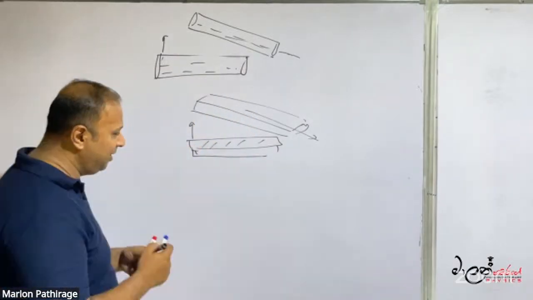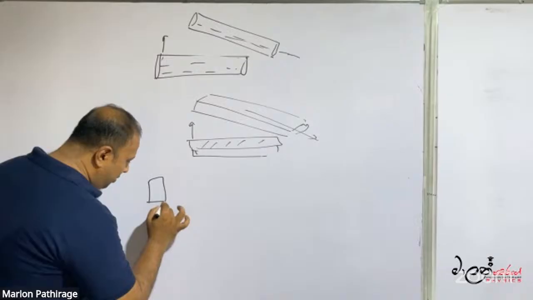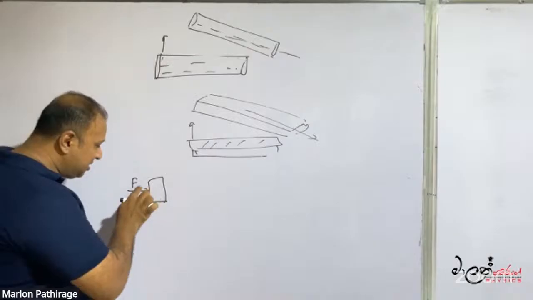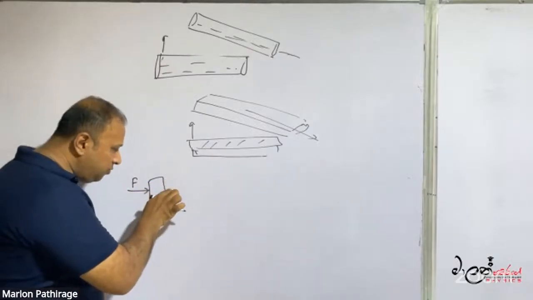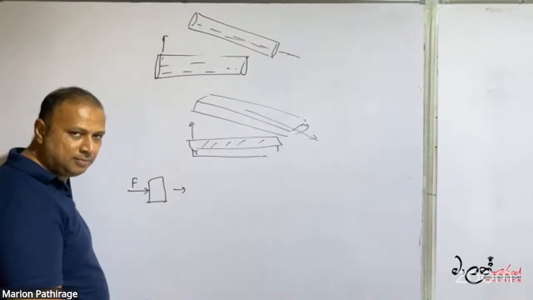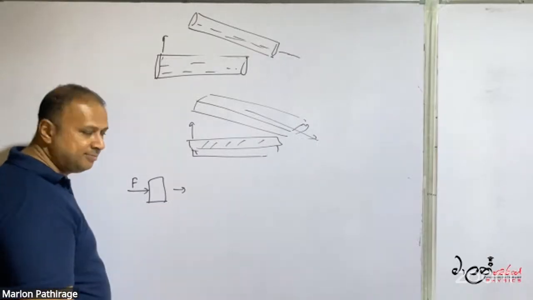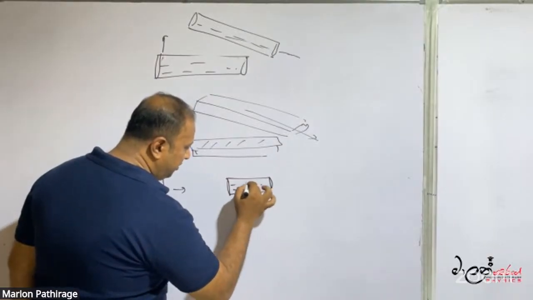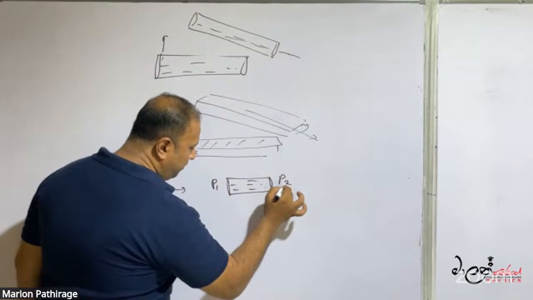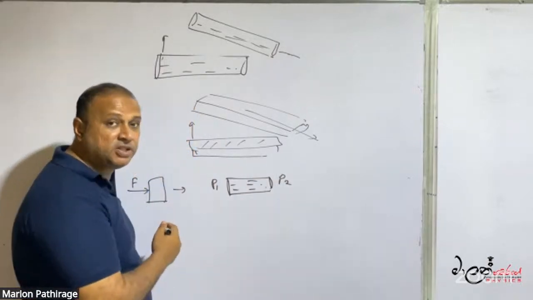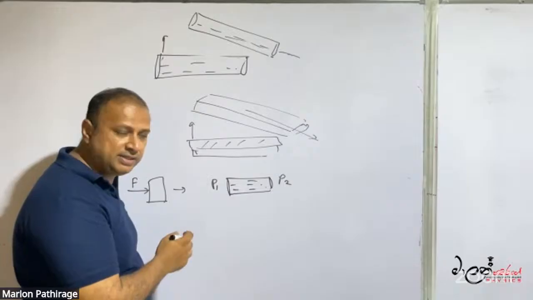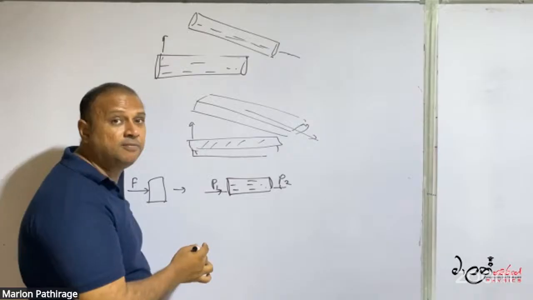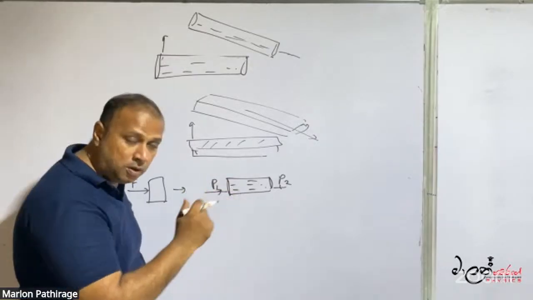Look at this one. If you consider a solid object, you have to apply an external unbalanced force to start a motion. When it comes to liquid, you have to apply unbalanced pressure from both sides to cause fluid flow.